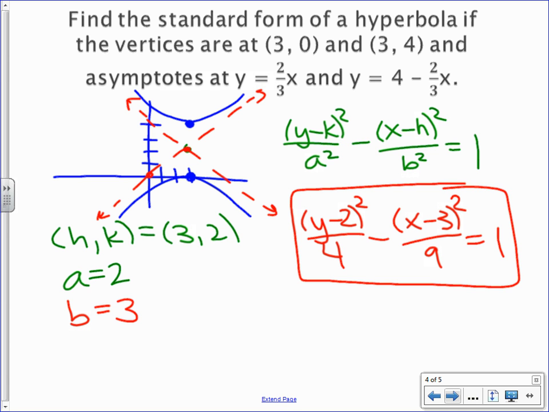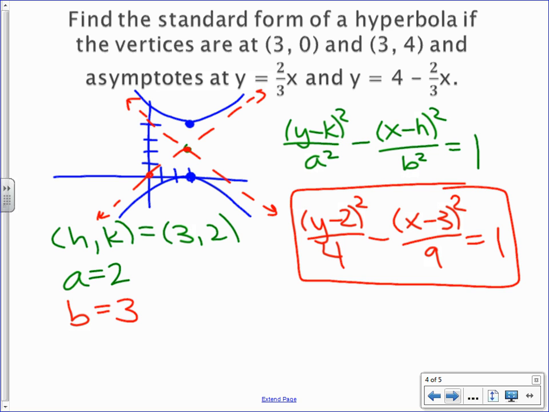Go over how you got B again. Yes. Okay, the slope of our asymptotes we find by rise over run. And since we formed that rectangle with A and B, it will either be A over B or B over A. Okay? Now, our vertices are vertical, and that's our A value.